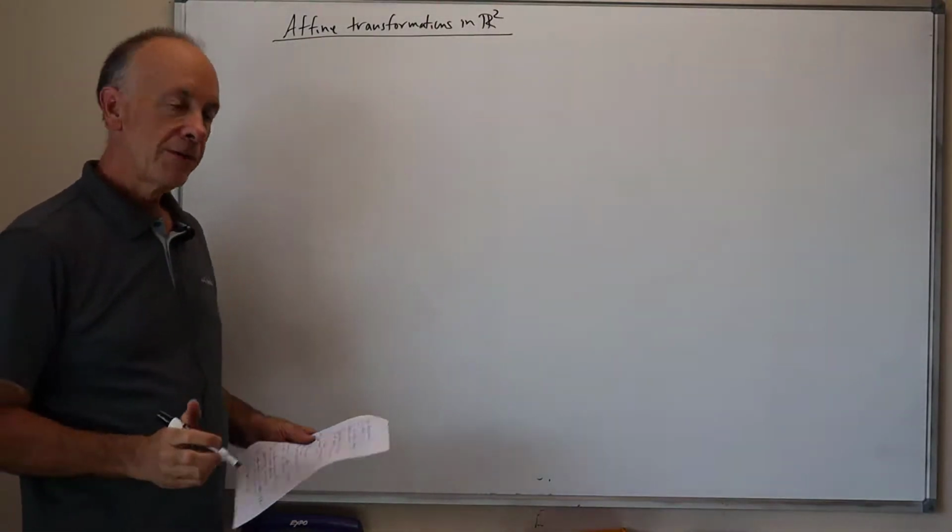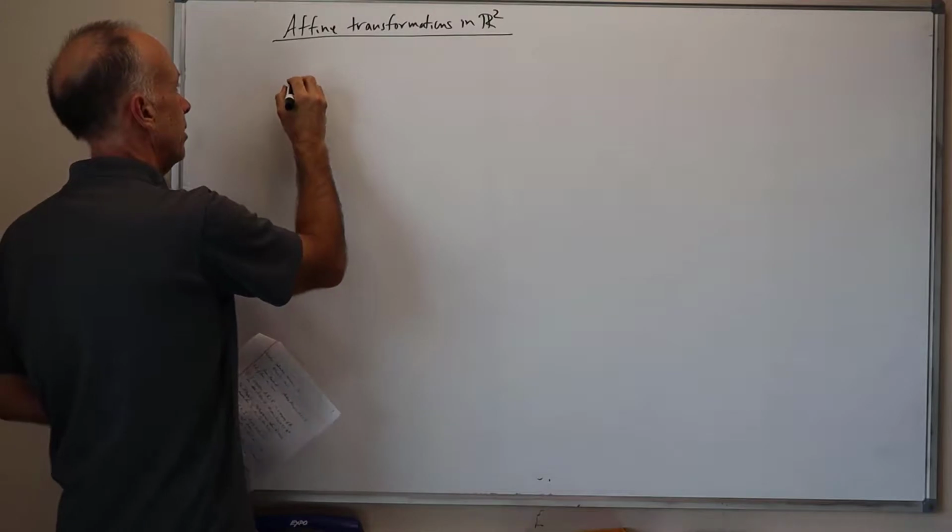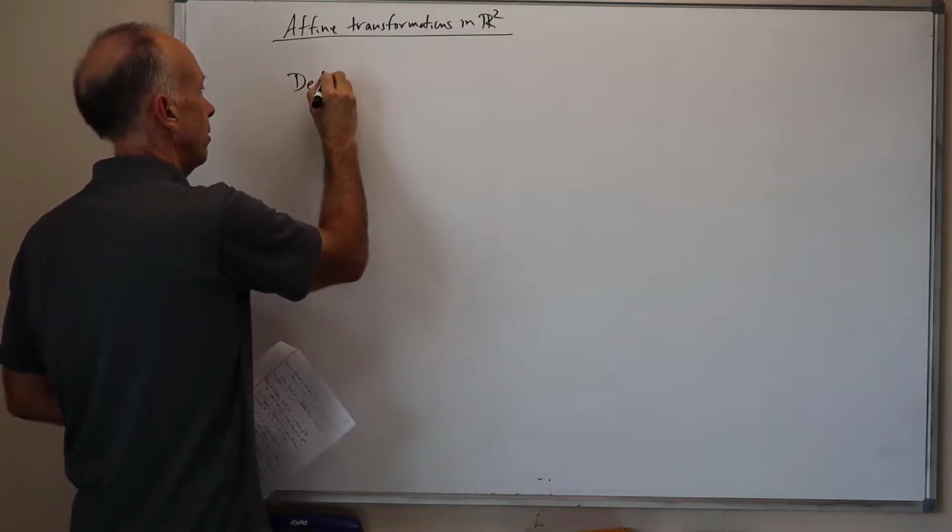So as one final definition, let's talk about the composition of two mappings. This is the usual definition of composition of functions.